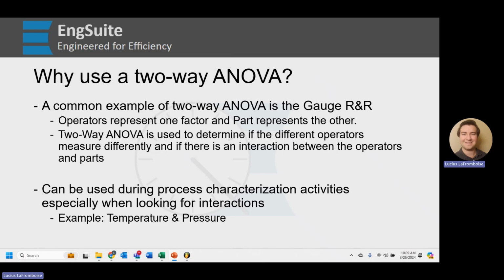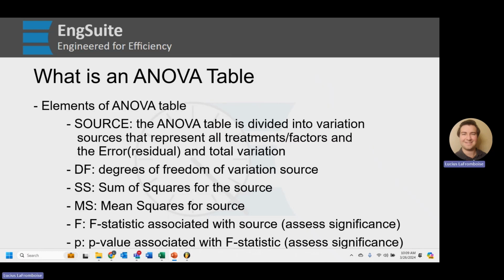So when we're talking about an ANOVA, we're really talking about the ANOVA table, and we've gotten into this in the other two videos. But just to recap, the ANOVA table is divided into variation sources. Now for a two-way ANOVA, we're looking into each individual factor as well as sometimes an interaction. And then we have the error and the total variation.